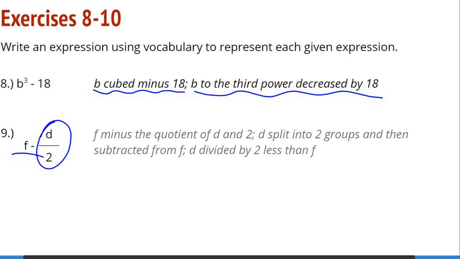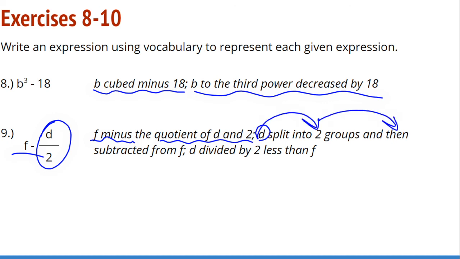from f. So I have f, and it is going to subtract or minus the quotient of d and 2. That's a nice clean one. D split into 2 groups and then subtracted from f. So this one, we take d, split it into 2 groups, and then we're going to subtract from f.